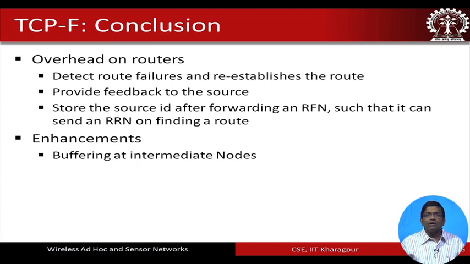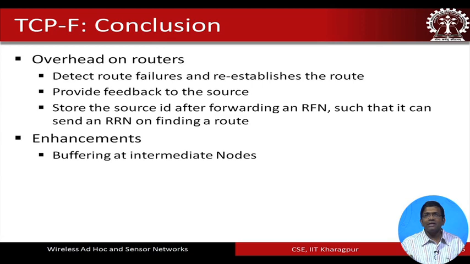However, the routers in between, the nodes in the network, are subjected to additional overhead in terms of detection of route failures and re-establishment of routes, providing feedback to the source, and another overhead in terms of storing the source ID after forwarding an RFN such that it can send the RRN on finding a route, and so on. So, these are the additional overheads on each of these different nodes, each of these routers.